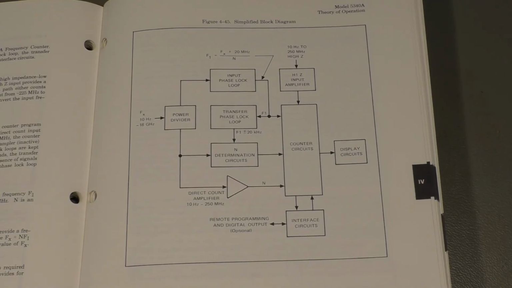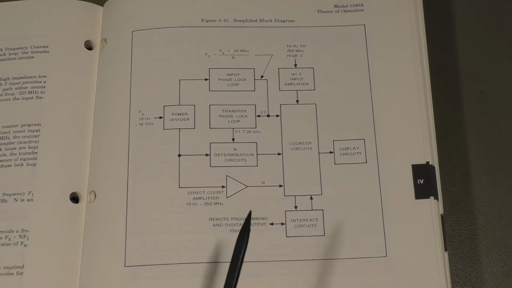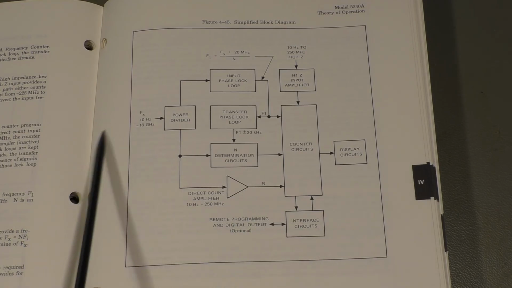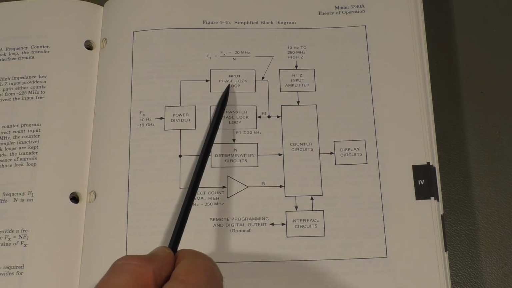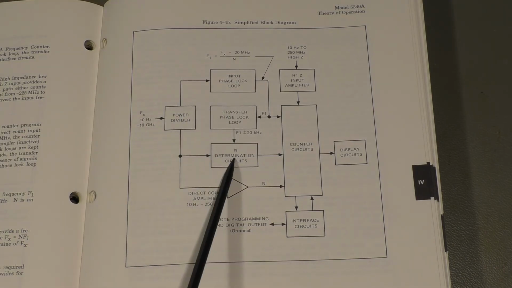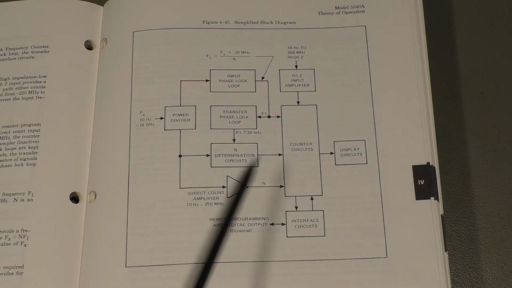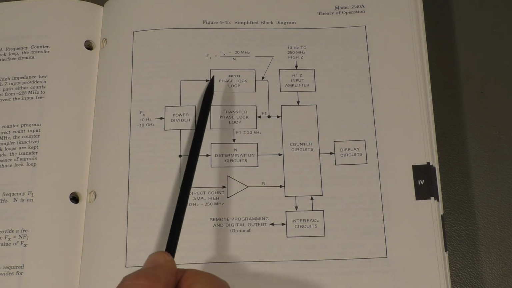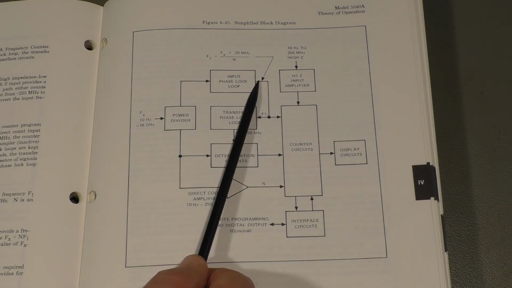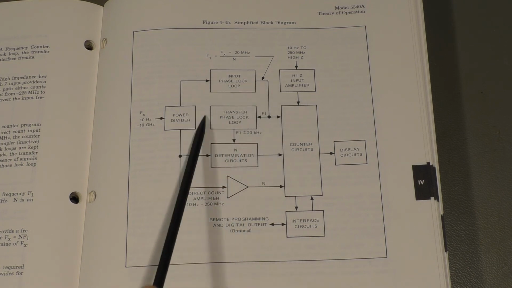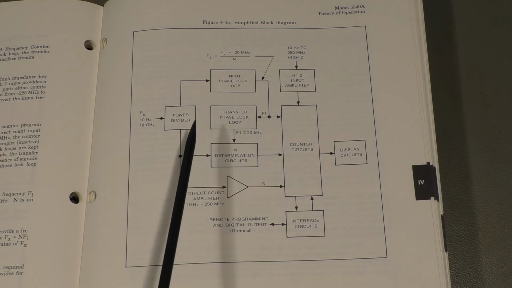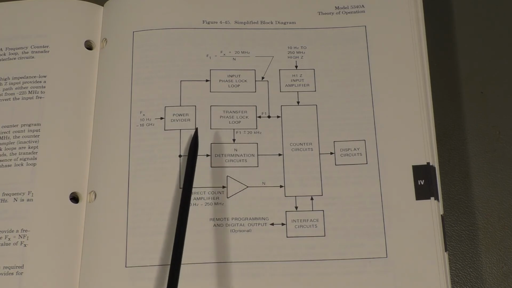And this is the block diagram of the input stage. We come in here, that's the power divider, that's PLL number 1, that's PLL number 2, or they call it differently. There is the output of 20 megahertz. The generator, they didn't draw that, the sampling generator.